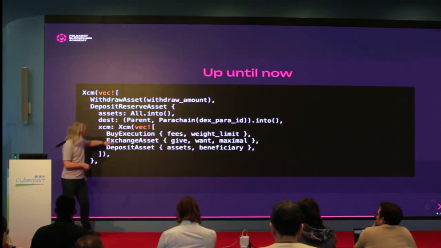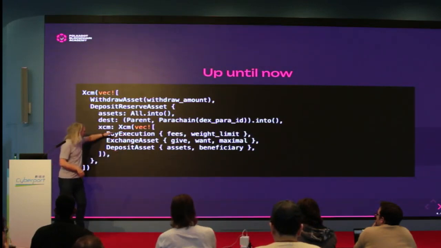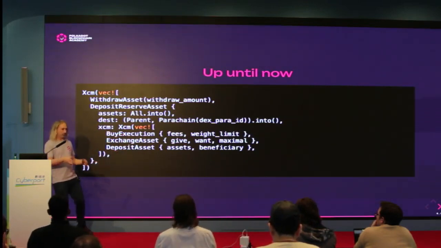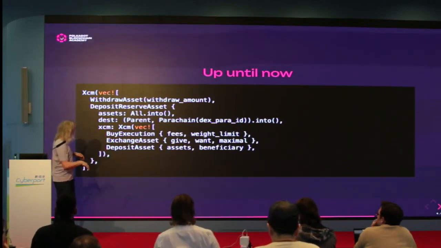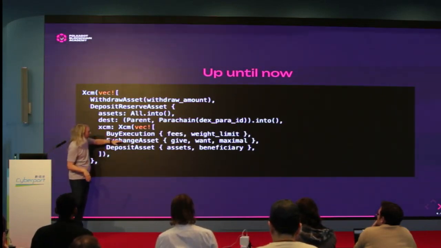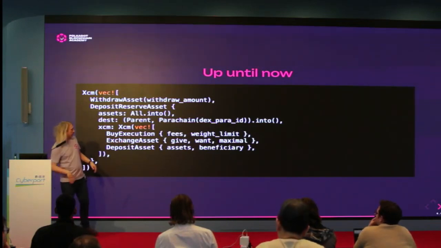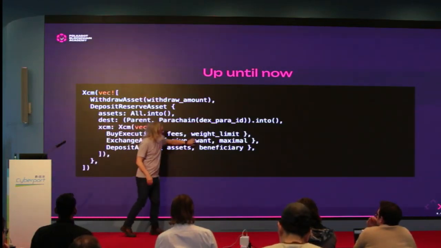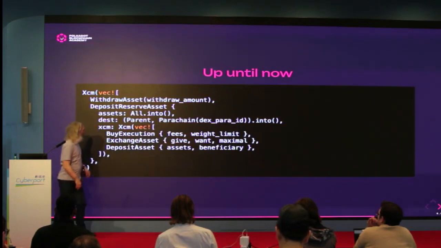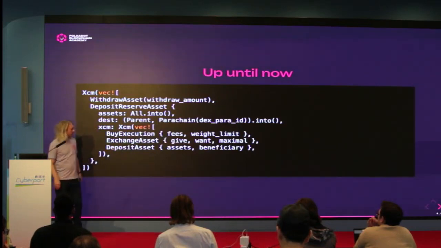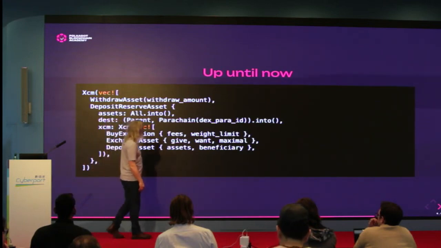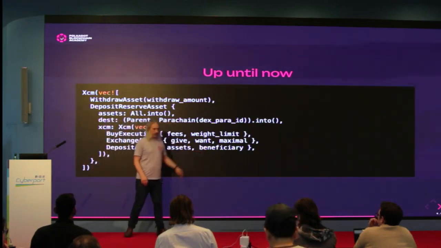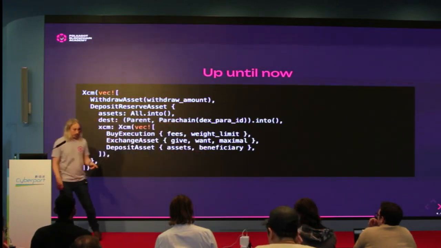And then next up is this stuff. Buy execution. I would like to buy execution with that now wrapped asset that's sitting in the holding register. I'm going to exchange something with what's left. And then I'm going to deposit what I've now got from the exchange into some beneficiary account locally.